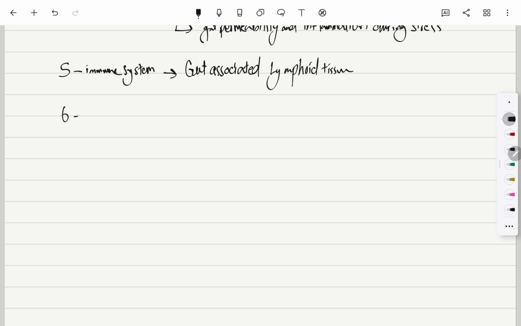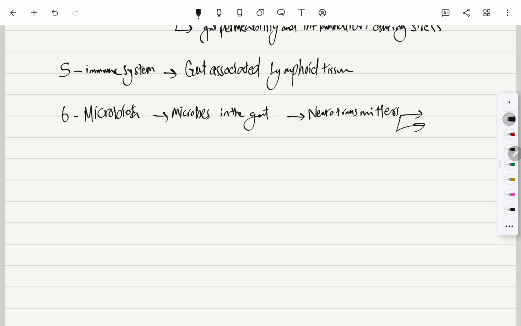Number 6, microbiota. Microbiota, it is multiple microbes in the gut that produce neurotransmitters like dopamine, serotonin, and GABA.